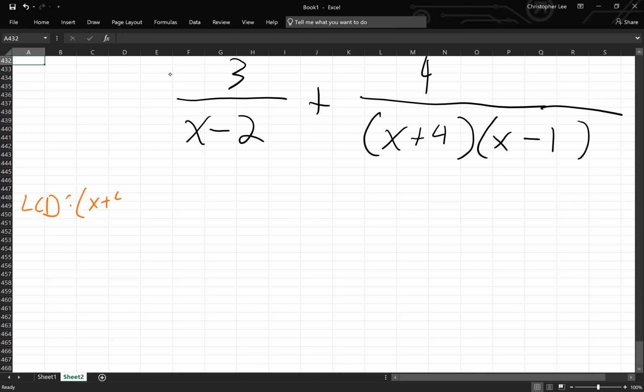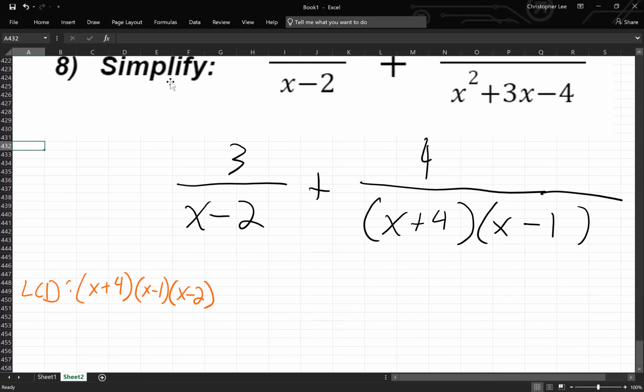Good. So what we're going to do is multiply all of these by the LCD. So it's going to get multiplied by x plus 4, x minus 1, and what you do to the bottom, you do to the top. Over here, we have x plus 4, x minus 1.